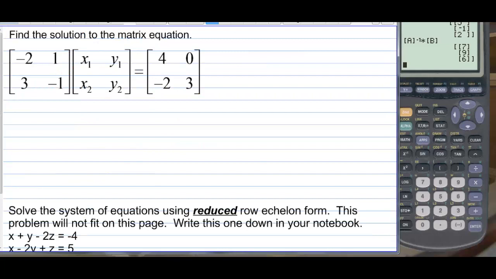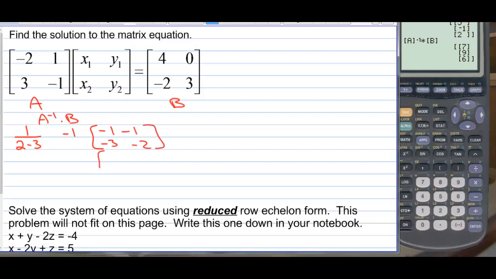Find the solution to the matrix. If we call this matrix A and this matrix B, then we can take A inverse times B and find the solution. A inverse is, let's see, we have 1 over 2 minus 3, so that's negative 1 times negative 1, negative 2, negative 3, negative 1.